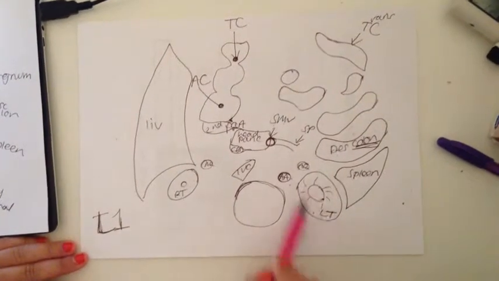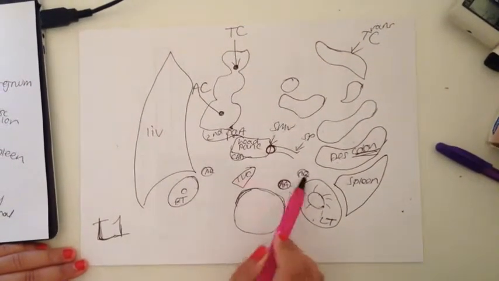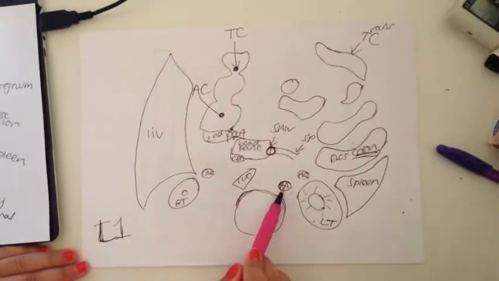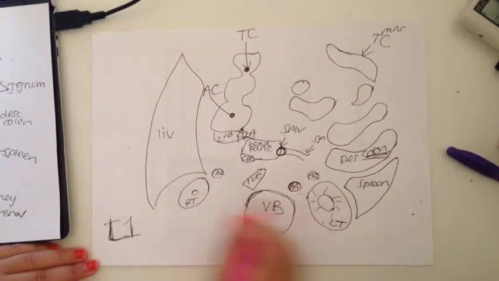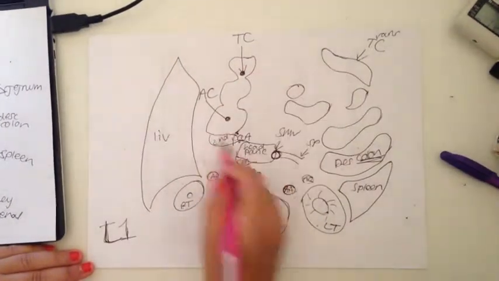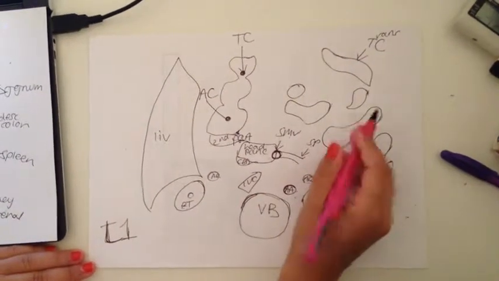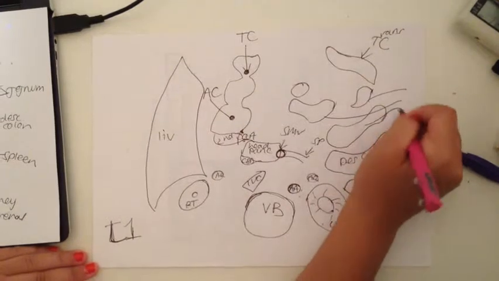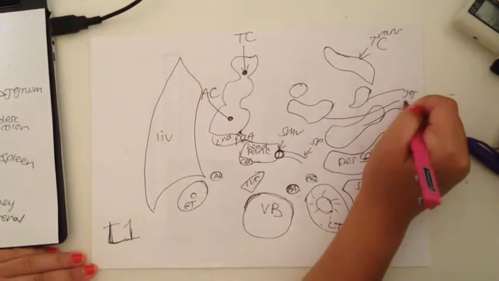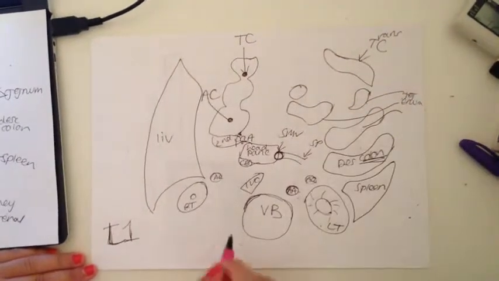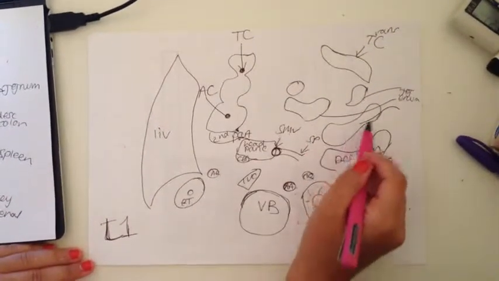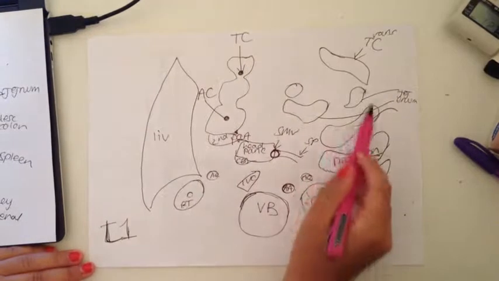We have the left kidney, right kidney, adrenal glands, IVC, aorta, and this is the vertebral body. Liver, more intestine, and here, just to remember, this is the jejunum.